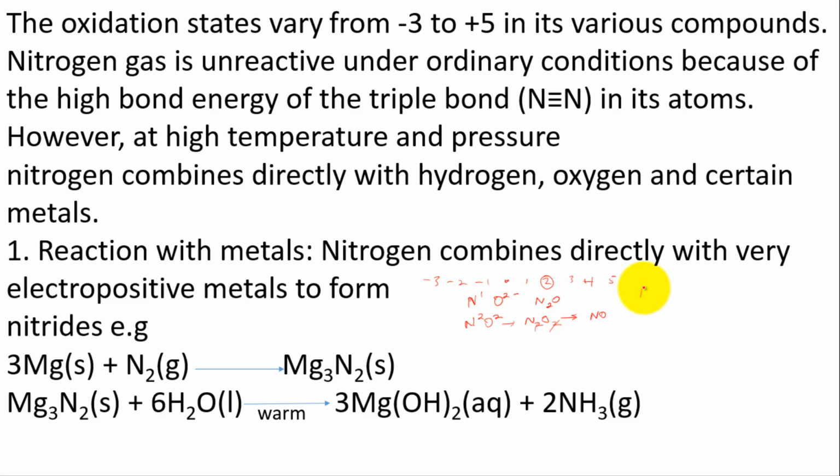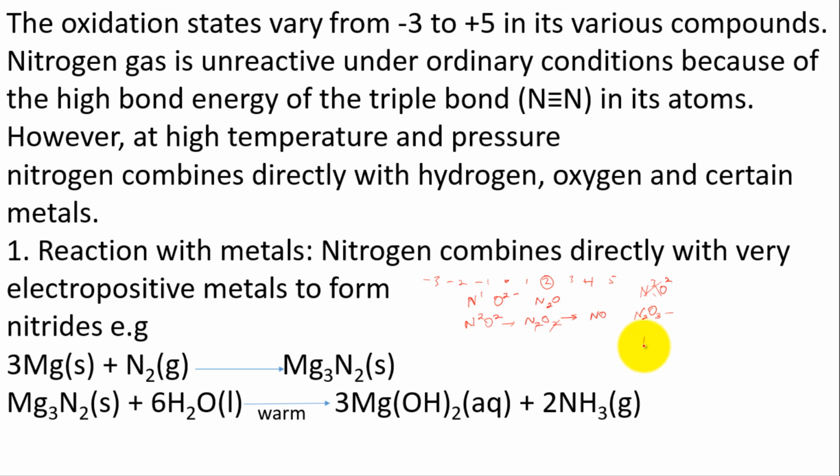Likewise, it can come with N3, then O2. In this case, the 2 will come here, the 3 will come here to form N2O3. This is dinitrogen 3 oxide.